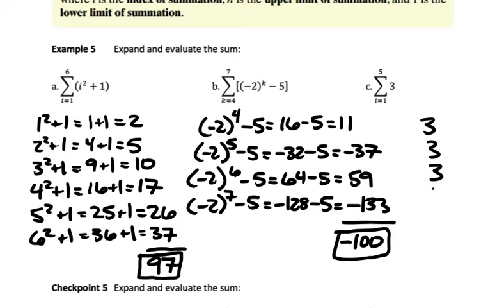When I plug in 4, I get 3. And when I plug in 5, I get 3. So because there's no variable here, it doesn't matter what I'm plugging in for the variable because the answer is just 3. So I get 3 for each of these, plugging in 1, 2, 3, 4, and 5. And when I add these all together, it's a total of 15.